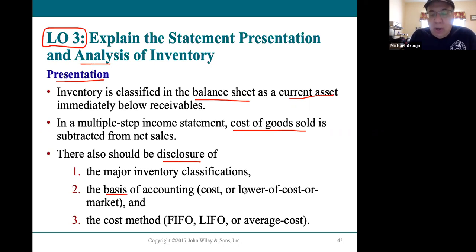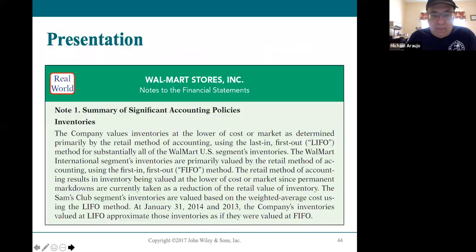We're going to be learning about something called the lower of cost or market basis of valuing inventory today. It's actually quite simple. And of course, we have to disclose to the owners what method we used in calculating cost of goods sold and the inventory. So that was the FIFO, LIFO, average cost.